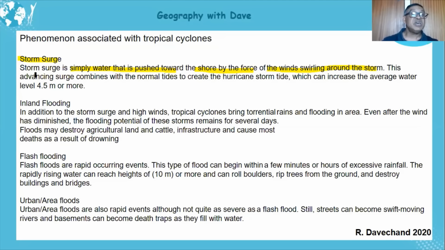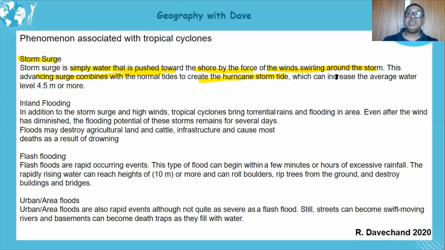The advanced surge combines with the normal tides to create a hurricane storm tide, right? Big tides, and an increase of average level of more than 4.5 meters higher than normal. That's massive. You understand? Most of us are not even at 2 meters.